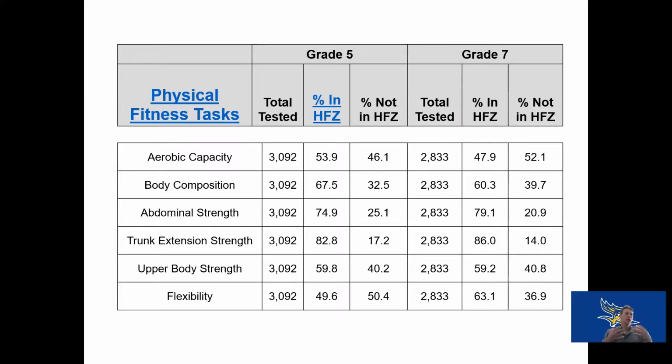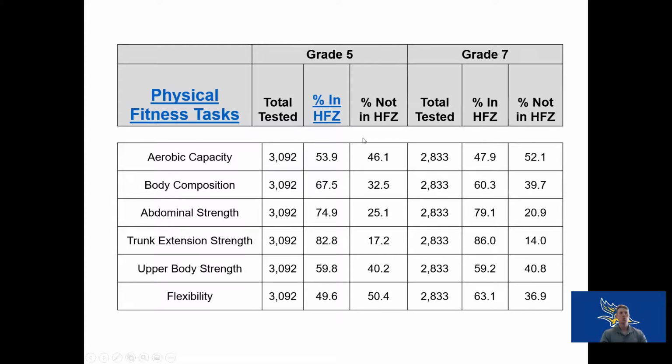So we have our aerobic capacity, body composition, abdominal strength, trunk endurance, muscular strength for the upper body, and flexibility. If we look at these two grades, grade 5 and grade 7, say we compare this same group of students in grade 5 and grade 7. So we're looking to see if over the past 2 years that they have been a student in my physical education program, have they improved these capacities?